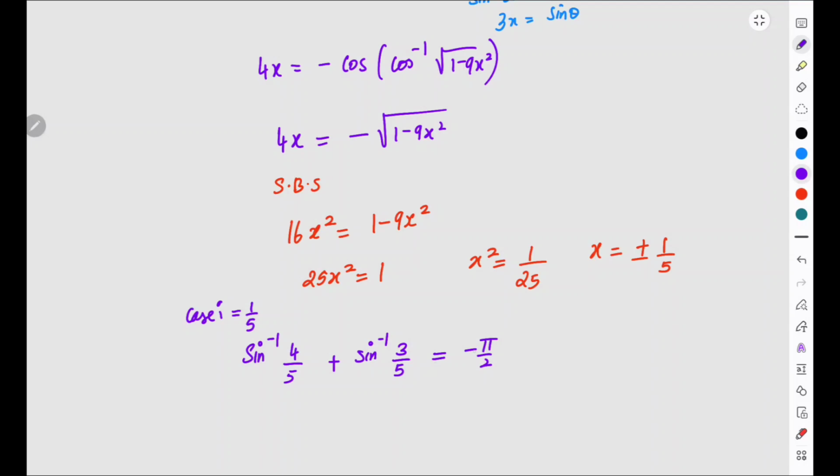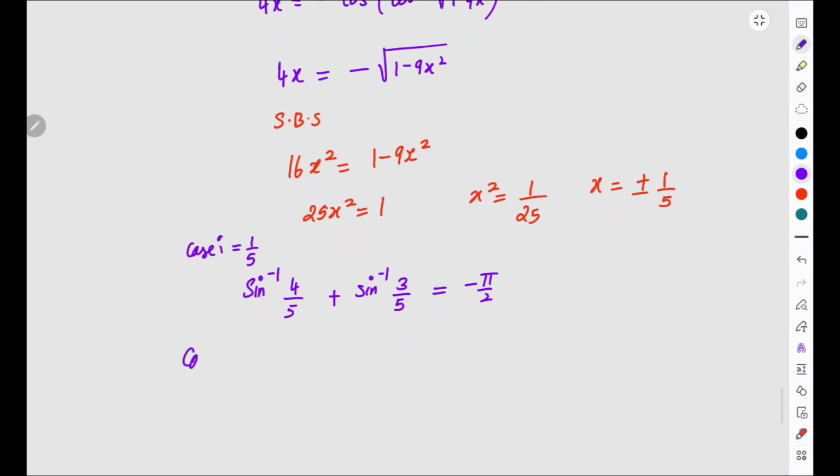It is not satisfying this condition. Why? Because sine inverse 4 by 5 plus sine inverse 3 by 5 is not leading to minus pi by 2.